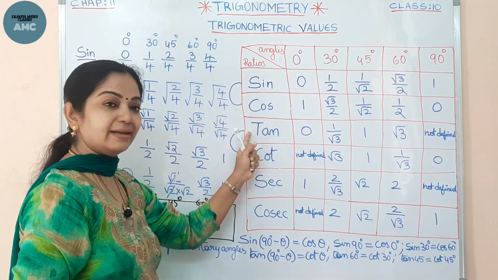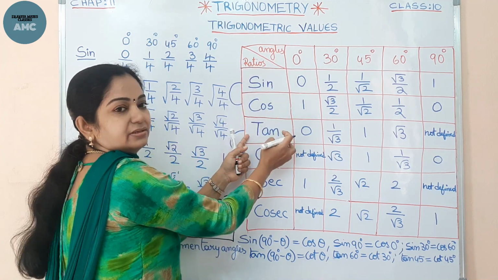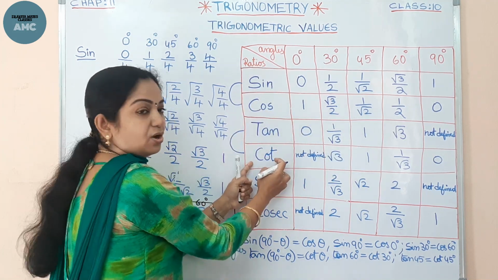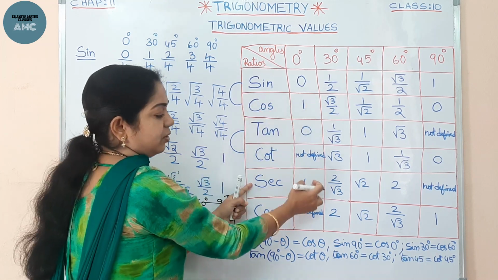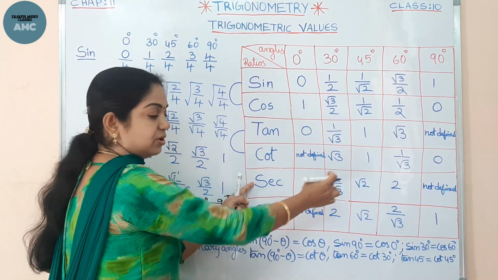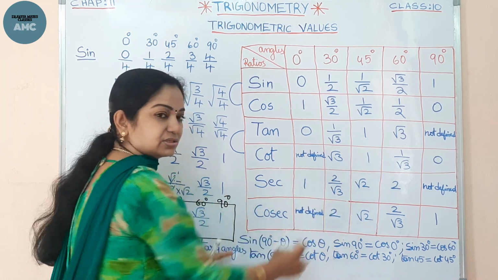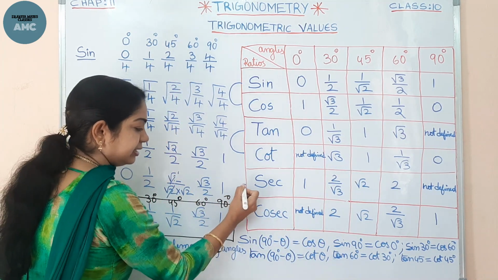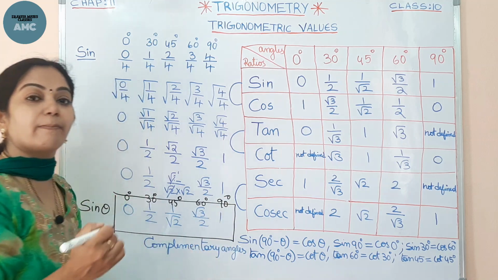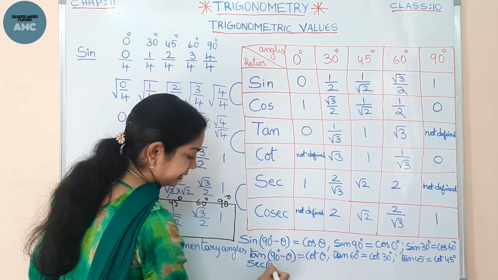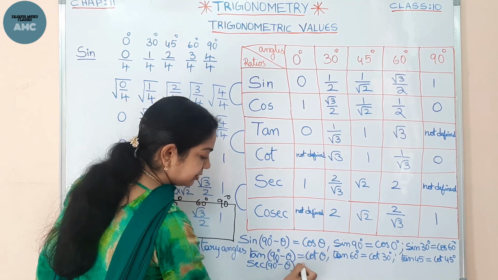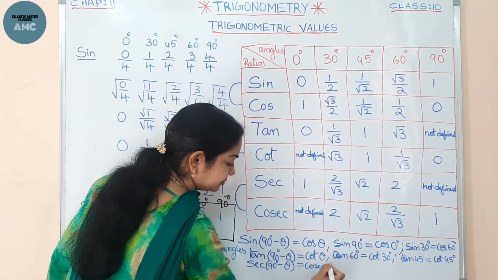I have written tan as sine by cos, then crisscrossed and got cot. Secant is 1 by cos, the multiplicative inverse, so I got this by dividing 1. Then I've crisscrossed and got cosecant. That means secant and cosecant form a complementary pair. So secant of 90 minus theta is equal to cosecant theta.